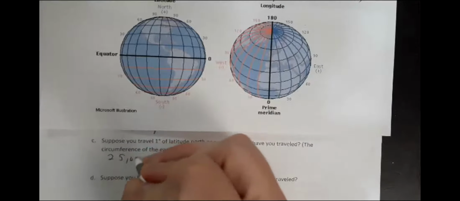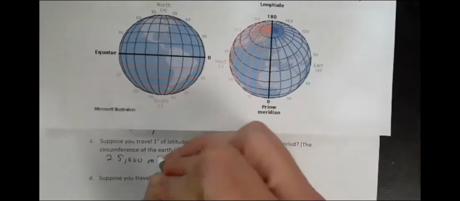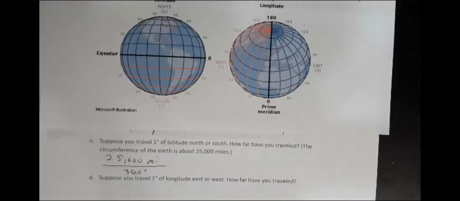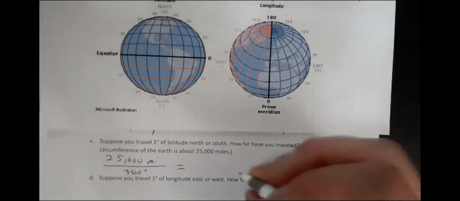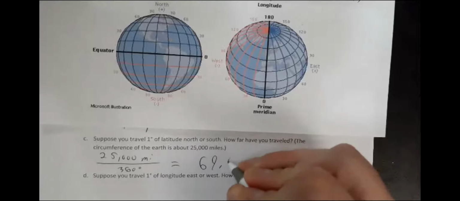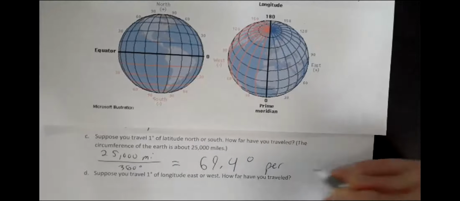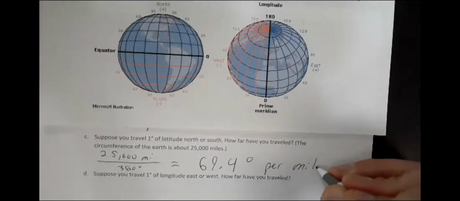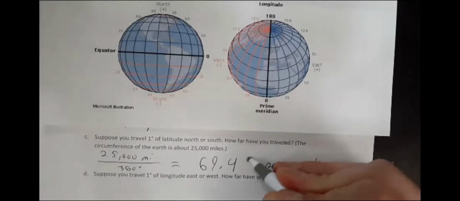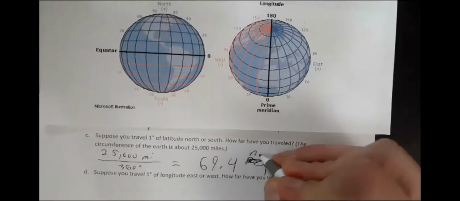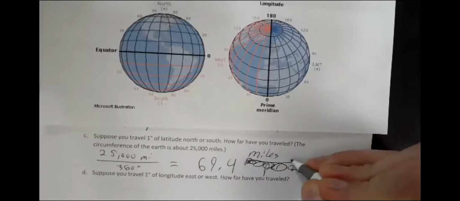If we take 25,000 miles and divide that by 360 degrees, if you crunch those numbers, I'm probably pulling out a calculator, but you can get 69.4 miles per degree.